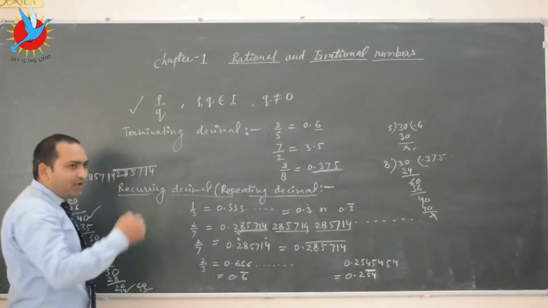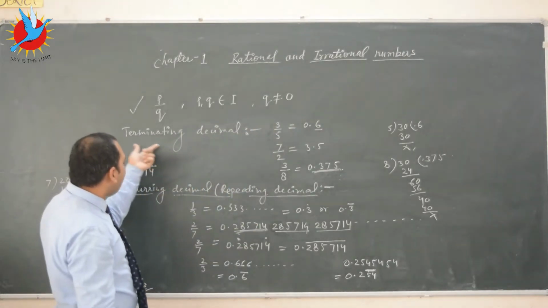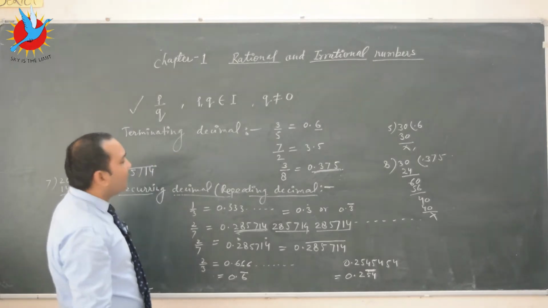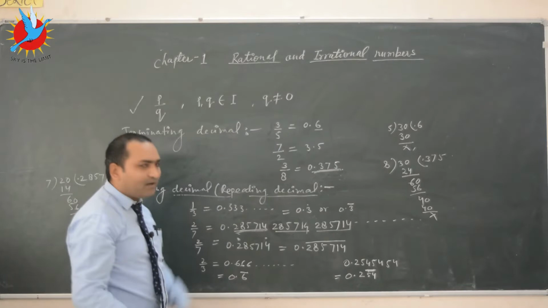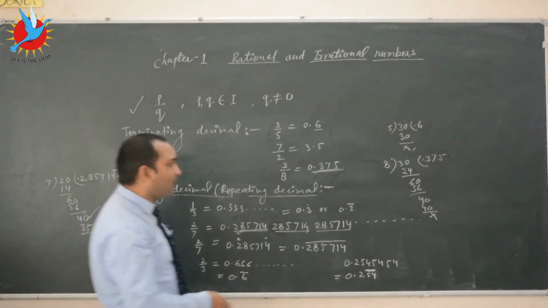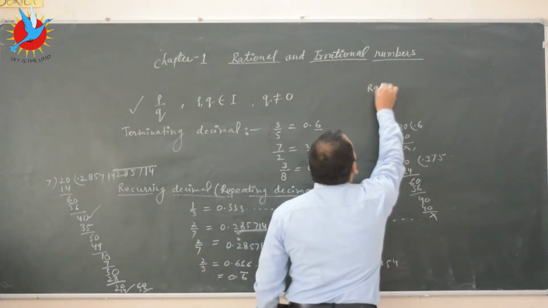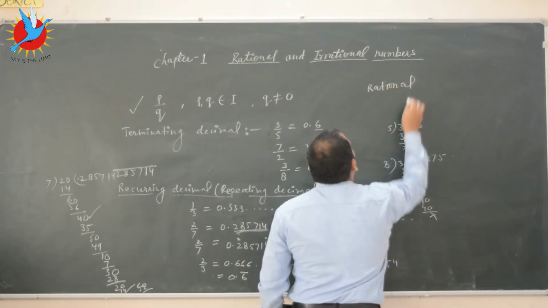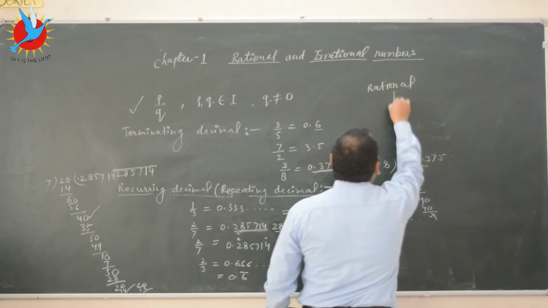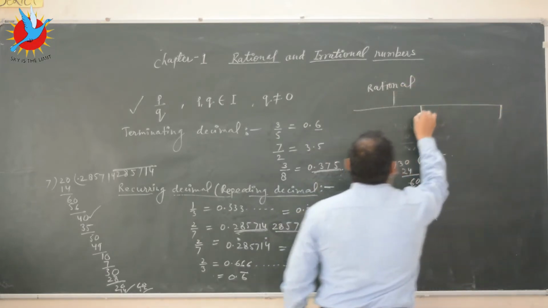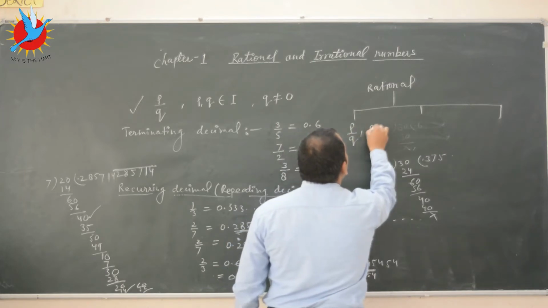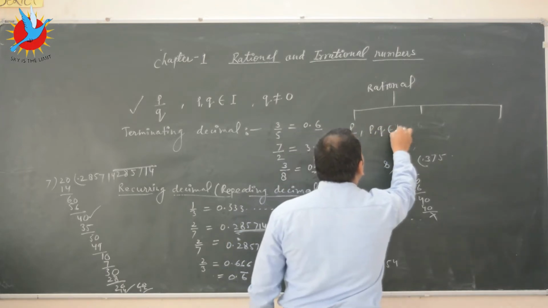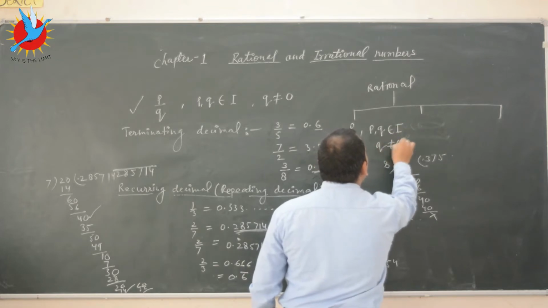And now in class 9th we also learn that all the terminating and non-terminating but repeating decimals are called rational numbers. It means a rational number is, first, a number which can be written in P upon Q form, P and Q both integers and Q not equal to 0.